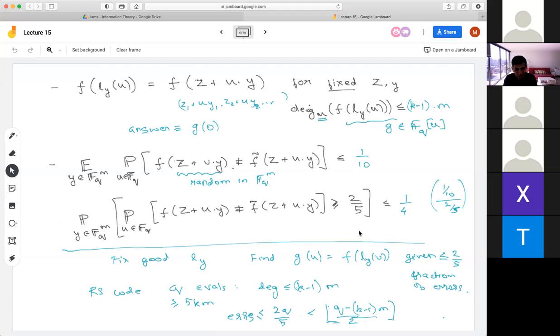I think the parameters work out. If not, just increase q a little bit more. It's just a question of changing it from 5 km to 10 km if you really need to.